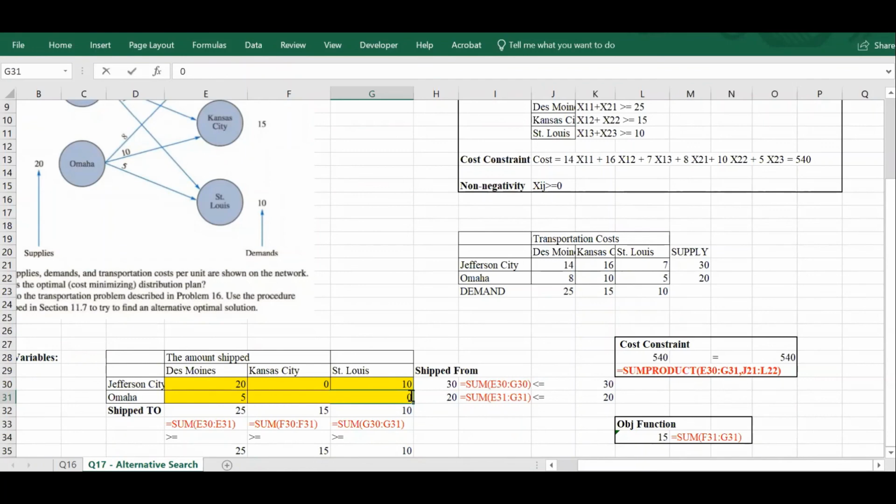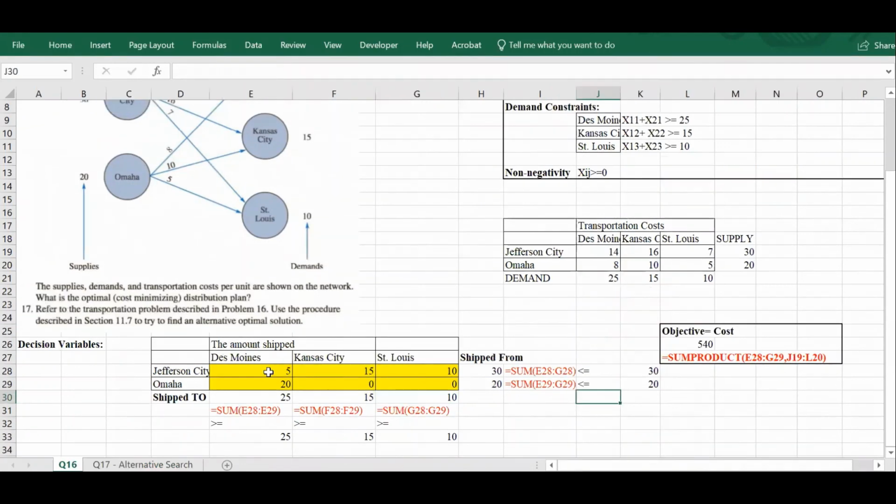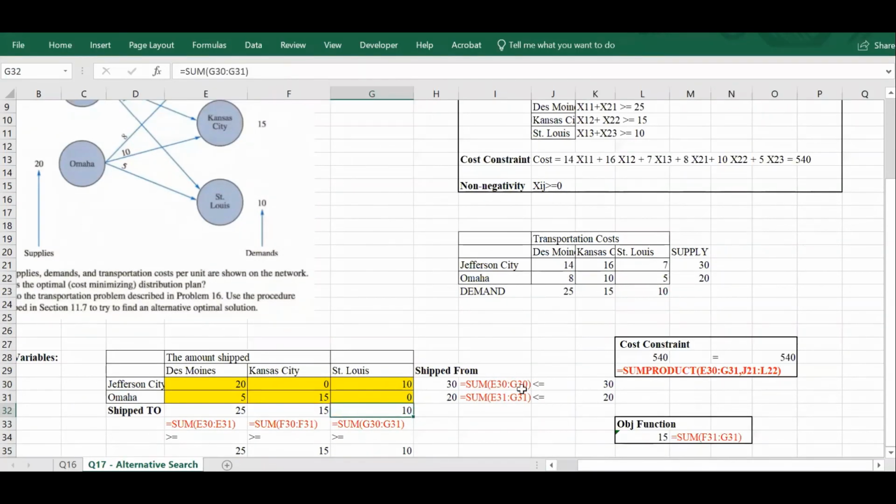When I compare this with the original answer, 20 and 10, this is obviously different, but with the same minimum transportation cost level of 540.